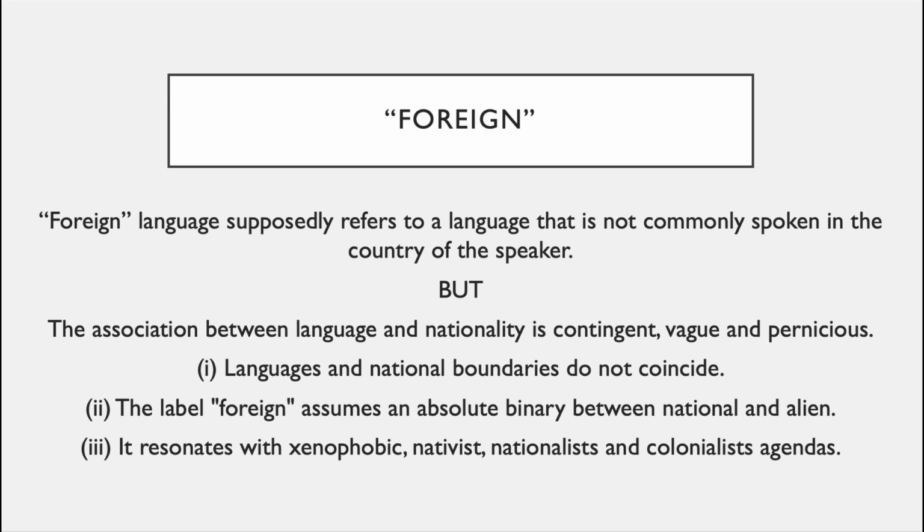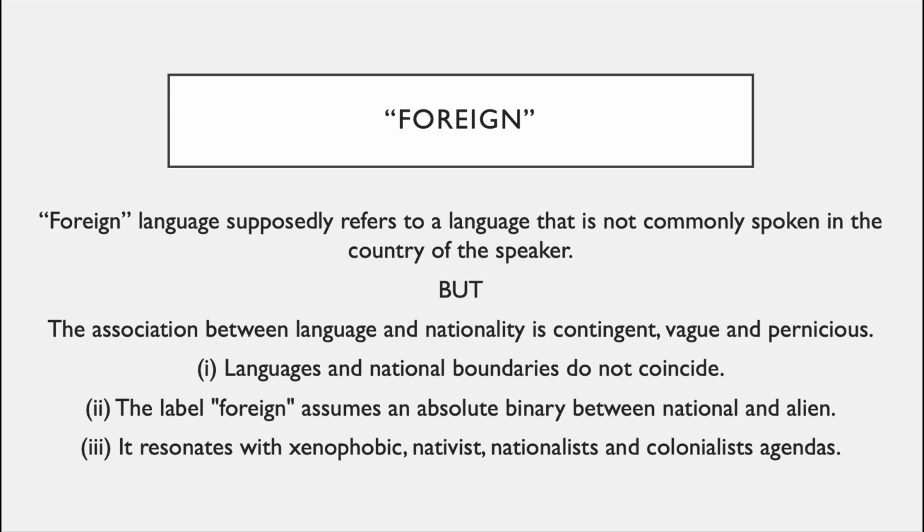Now, what about the term foreign? First, a foreign language is a language not commonly spoken in the country of the speaker. However, the association between language and nationality is contingent, vague, and pernicious. First, despite the popular culture tendency to map languages onto national boundaries, languages and national boundaries do not lend themselves to accurate categorizations.